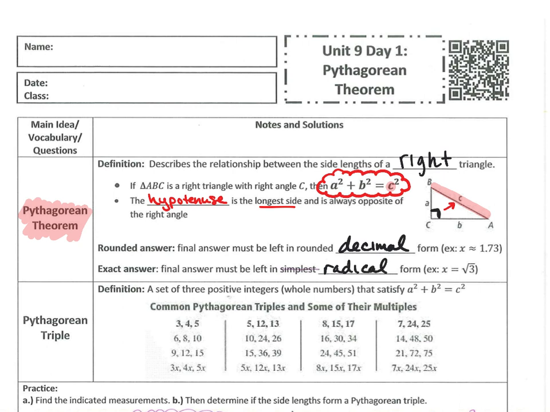I'm actually not going to have you simplify these radicals until maybe in a couple days, because it's a skill that we've done before, but we're just really going to be working on Pythagorean theorem, so we can say it's just going to be in radical form, maybe not simplest radical form, and that's okay. Which means that your answer will be left underneath a square root, and that's absolutely fine.